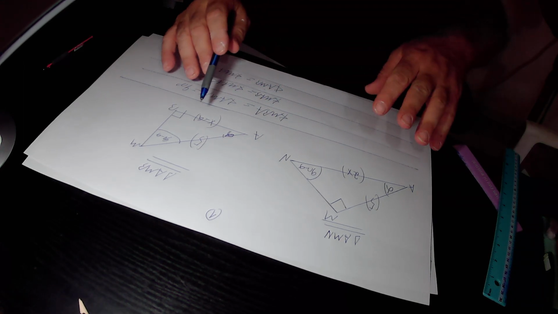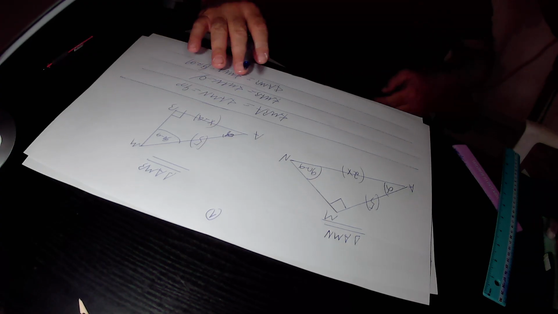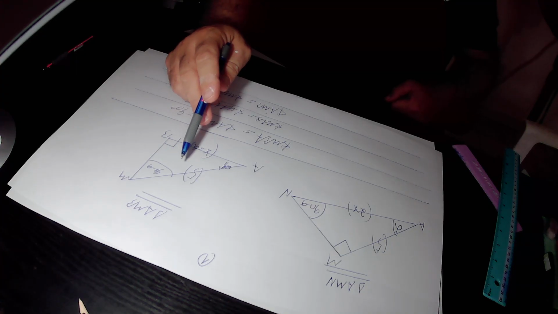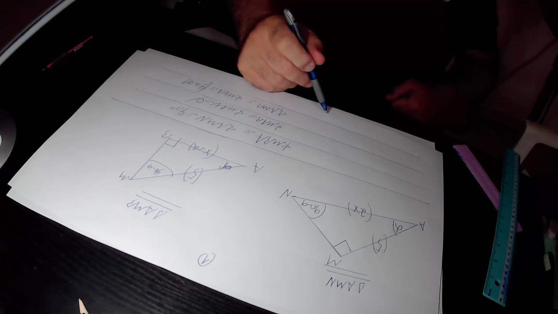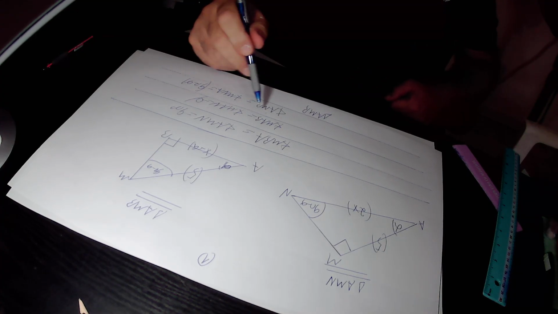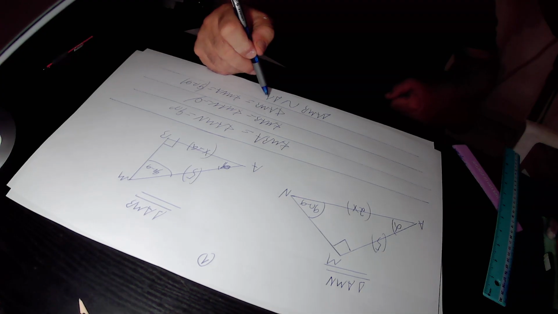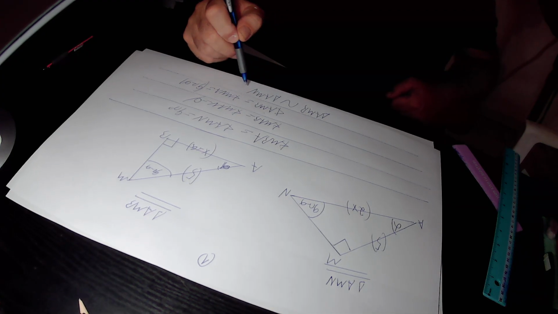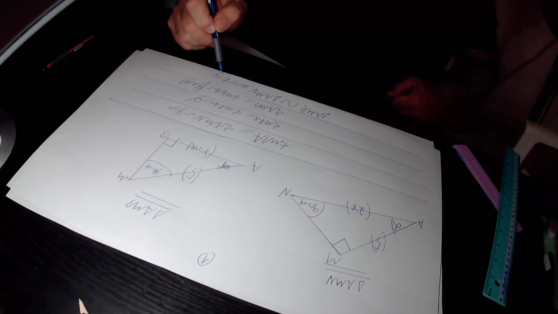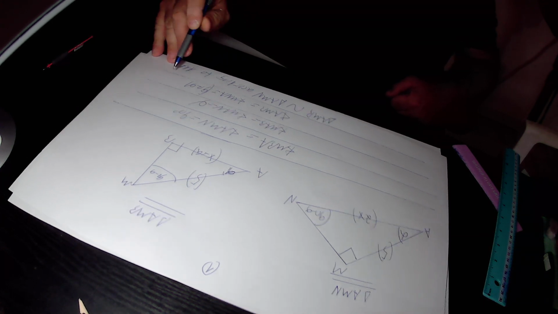Therefore those two right triangles are similar to each other according to the angle similarity rule. So I write it down: this is the right triangle AMB, and it is similar, this is the sign of similar, to this right triangle, triangle AMN, according to the angle similarity rule.